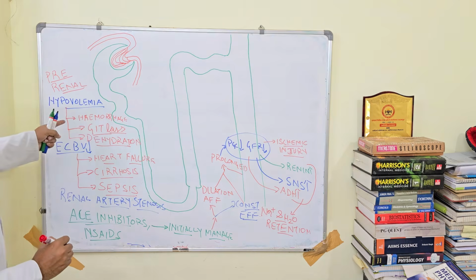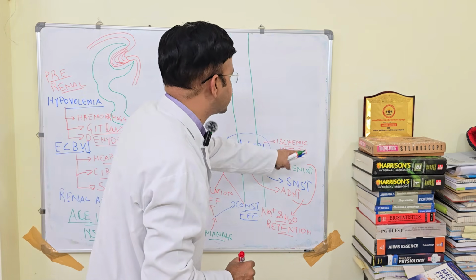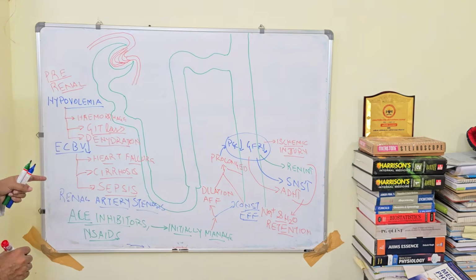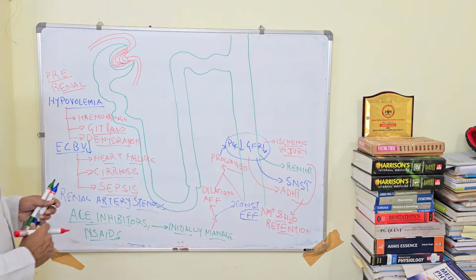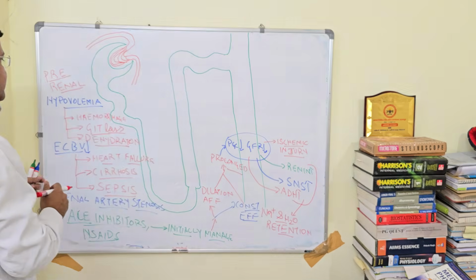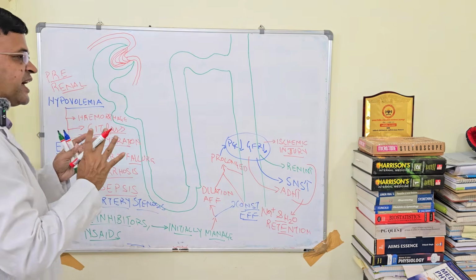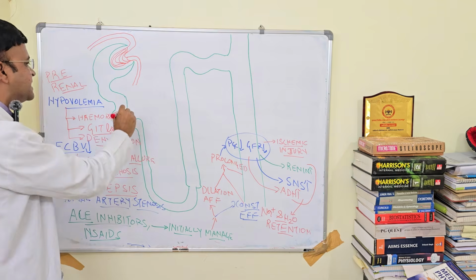Right? This pre-renal can actually cause intrarenal by this ischemic injury, right? Now, let's talk about what happens in intrarenal acute renal failure, right? For understanding intrarenal type of acute renal failure, we first need to see PCT.